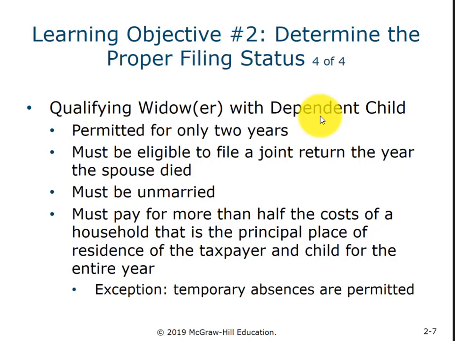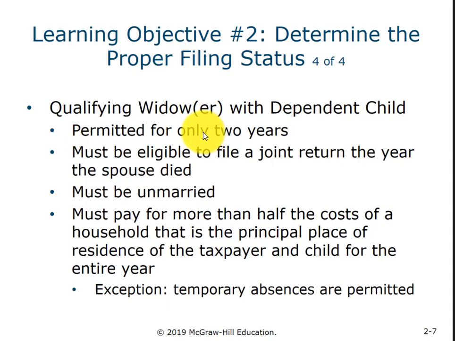If you have a dependent child, then you may qualify as a qualifying widower, which means you are allowed to file jointly for 2 more years. The year after they died and the next year. You have to stay unmarried, meaning your spouse died, you didn't remarry. Now, of course, if you remarry, then you could file jointly with your new spouse.